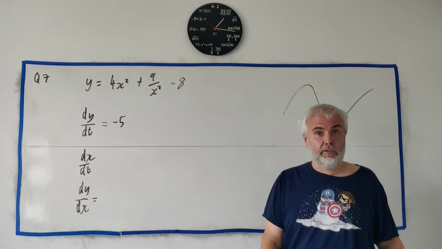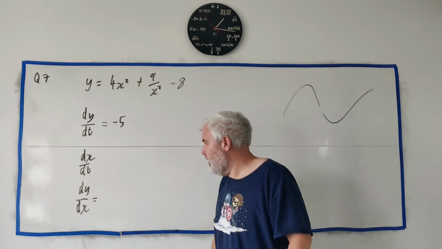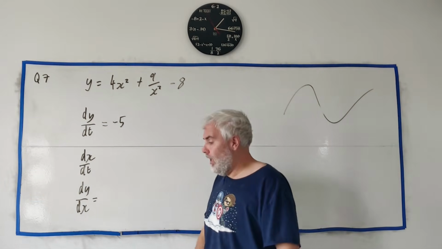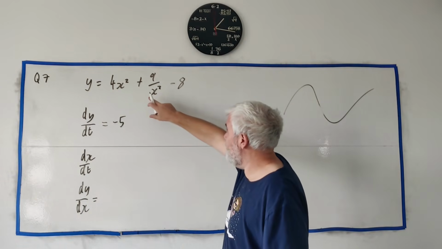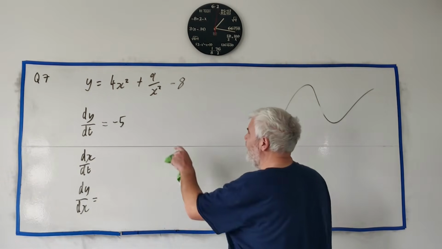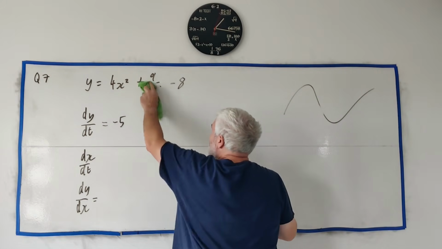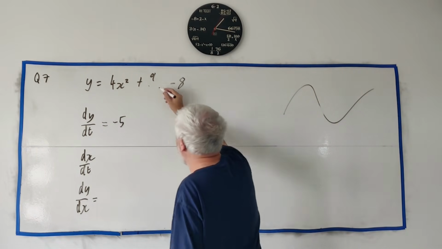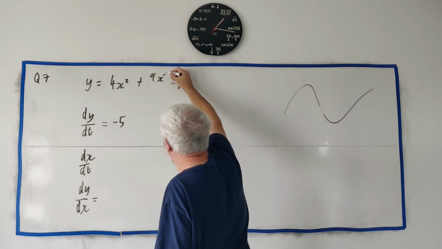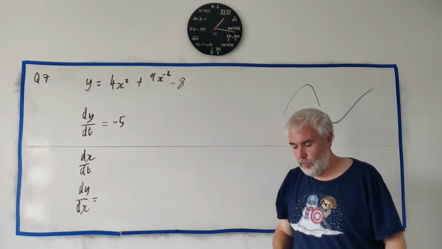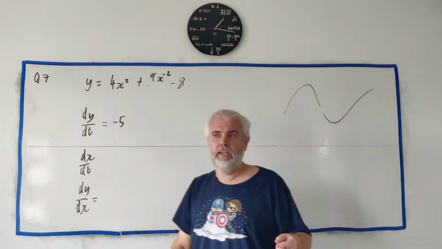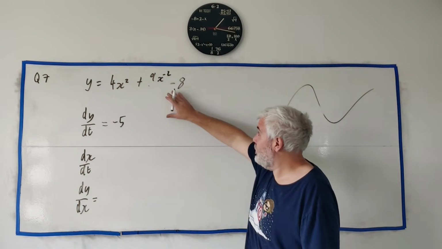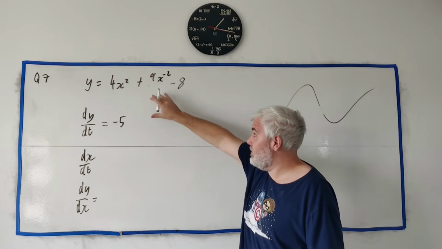So the first thing you're intended to do here is to find dy dx. There's y. Anytime I'm trying to find dy dx or differentiate, I like to change it so it looks standard. Instead of over x squared, I would change that to x to the power of minus 2. I also do that with square roots, changing the square root to the power of a half, because differentiating this should be quite easy.